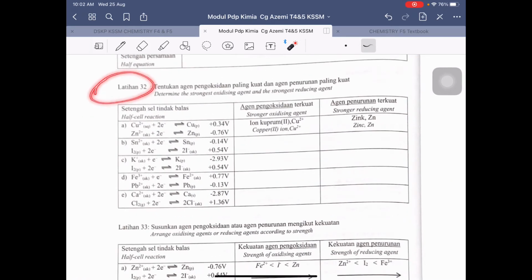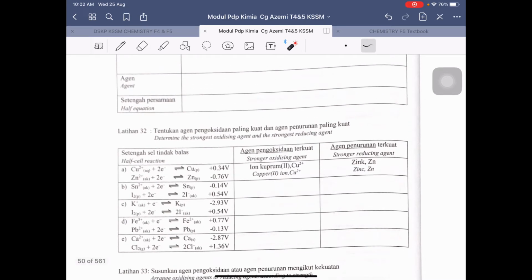Now I will teach you how to do this one. Exercise 32. Determine the strongest oxidizing agent and the strongest reducing agent. When you want to know which one is the reducing agent and which one is the oxidizing agent, class, you need to understand what process it undergoes. So if I were you, I will write here stronger reducing agent.